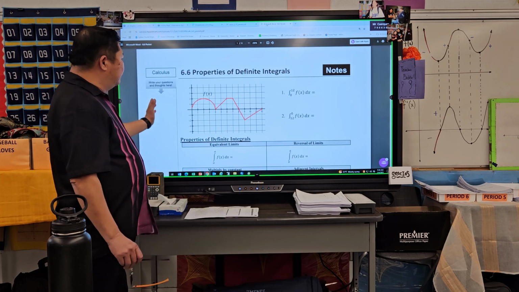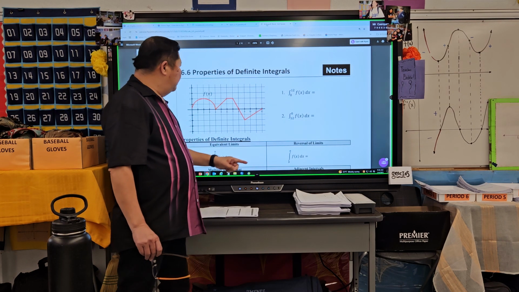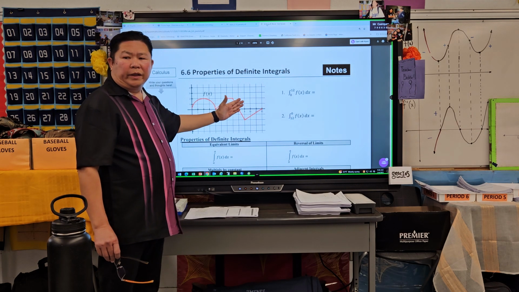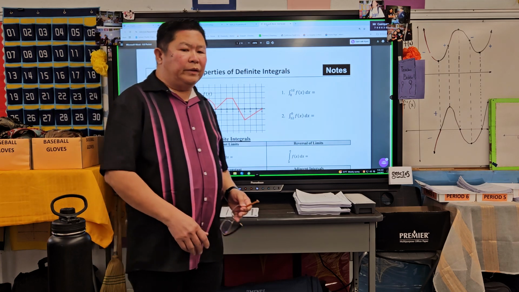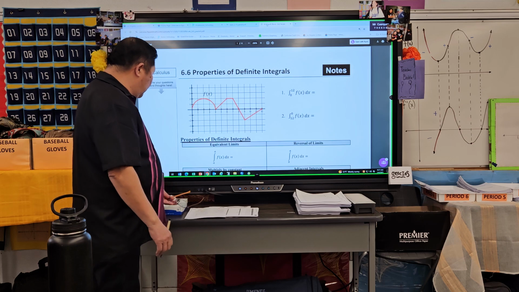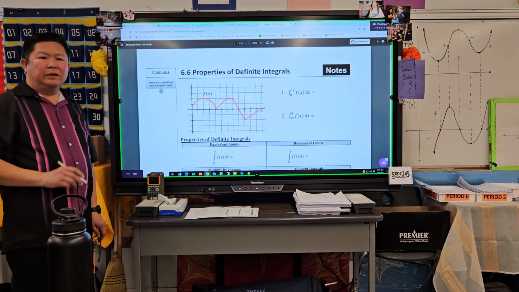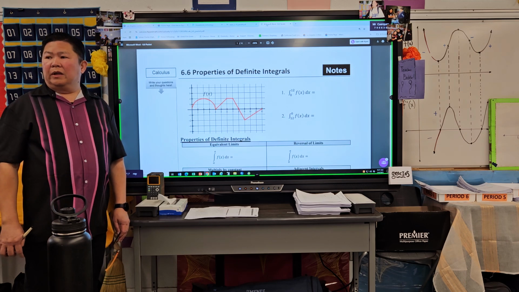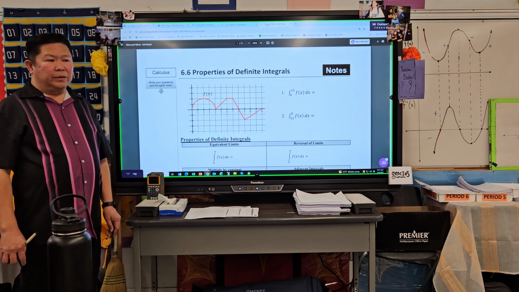We all know that if we do number 1, the limit from 0 to 12, that means we're gonna start from left to right. We are identifying the area of this one. So we have this as a semicircle. Again, the area of a semicircle is pi r squared over 2.